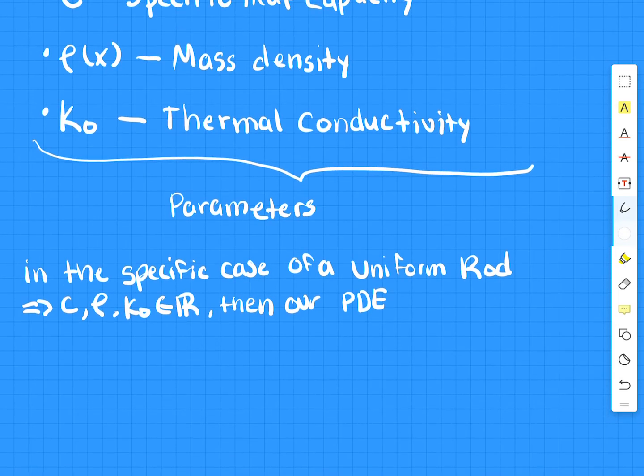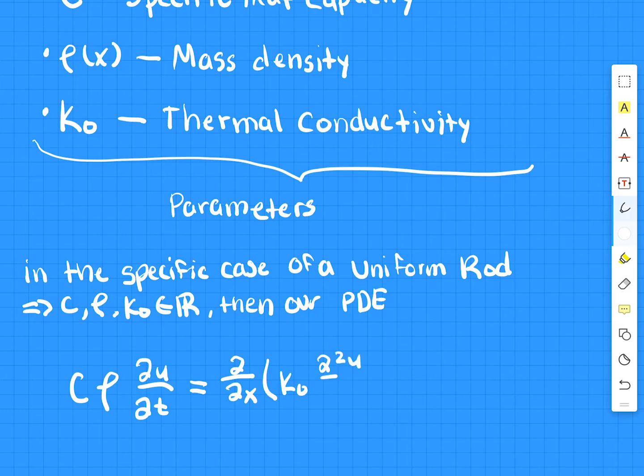So in that specific case, since C, rho, and K naught are all constants, our equation will look a little bit like this: partial u over partial t equals partial x, K naught partial squared u over partial x squared plus Q, where, since we don't have an external heat source, which is represented by Q, we can say that Q equals 0.